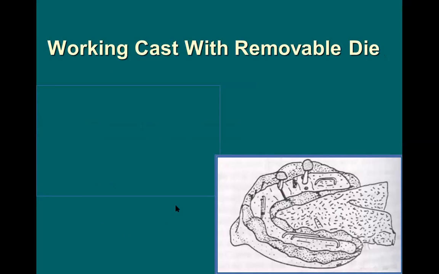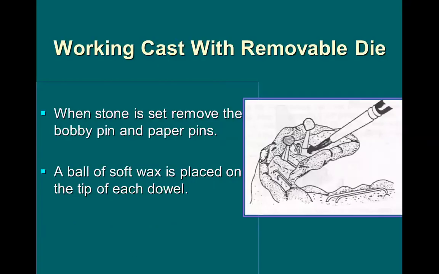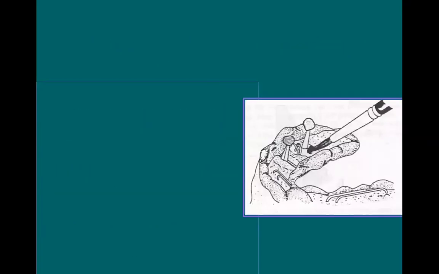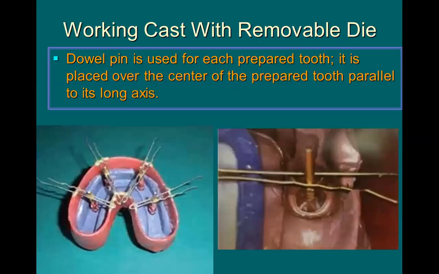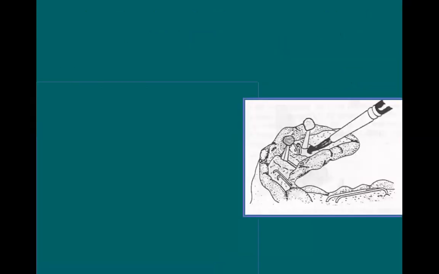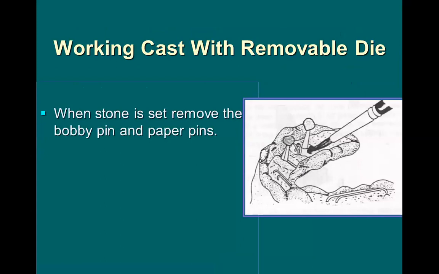After that, we are going to do boxing for the impression, the same as what we have done before. We are going to do waxing here, just like in this picture. After we remove the paper clips, we apply separating medium around the pin, and we put a ball of wax at the tip of the dowel pin.